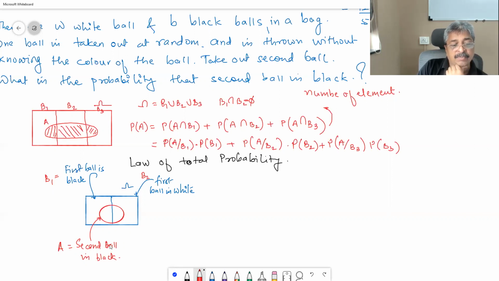So we are interested in finding out the probability of the second ball being black. So we are interested in P of A, which is the summation of the probability of second ball black given first ball black, or the probability of second ball black given first ball is white, because we don't know what is the color of the first ball.